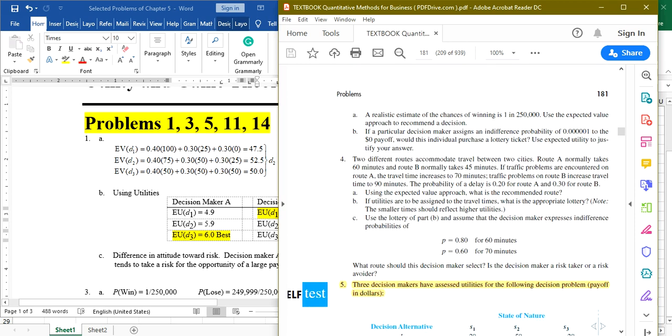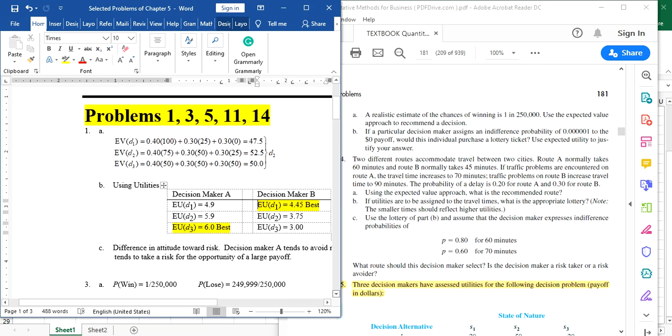Okay? So a realistic estimation of the chances of winning is 1 in 250,000. It means 250,000 tickets are already sold. So the chance that you are winning this lottery is 1 out of 250,000. Use the expected value approach to recommend a decision.